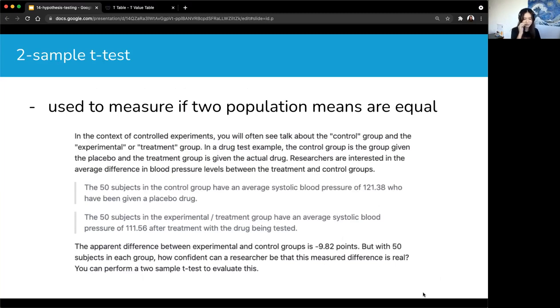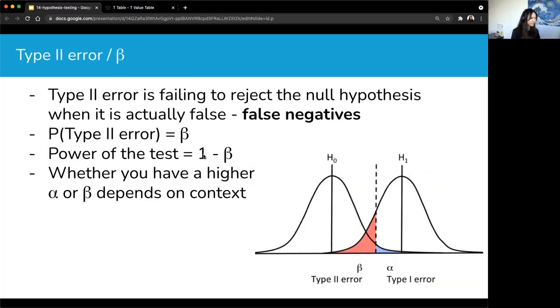And we'll actually get into more of designing these tests and experiments tomorrow. So don't worry about this for now. But just know that beta is the probability of a type 2 error, and we're going to go through that calculation either tomorrow or next week. But associated with that, you have the power of a test, which is 1 minus beta.